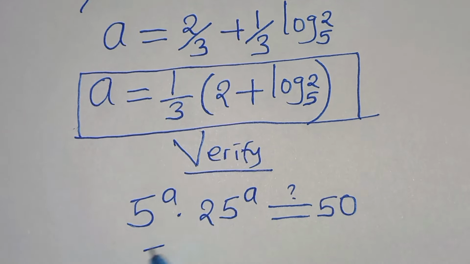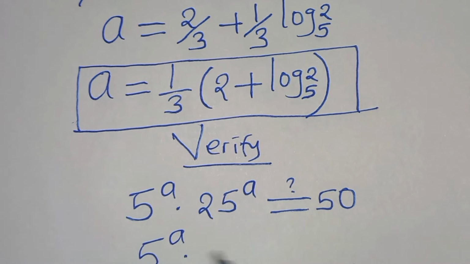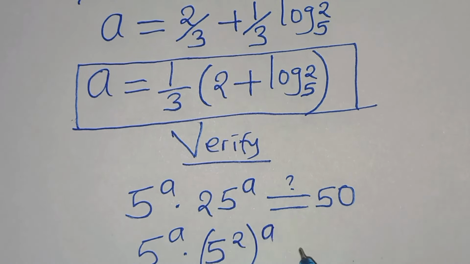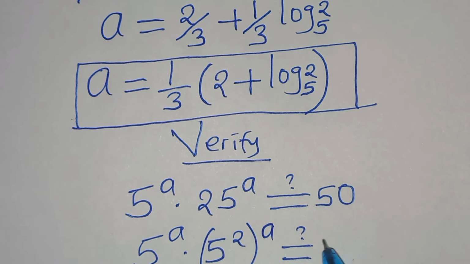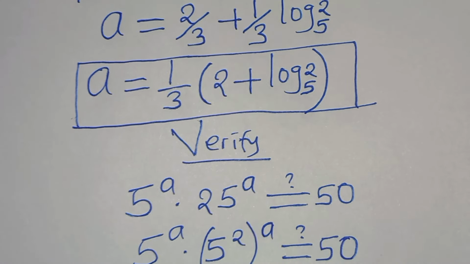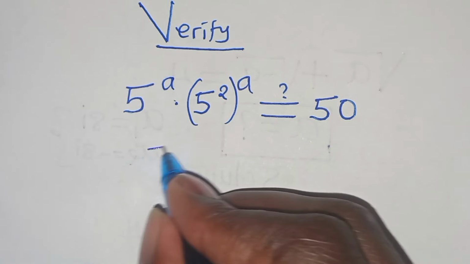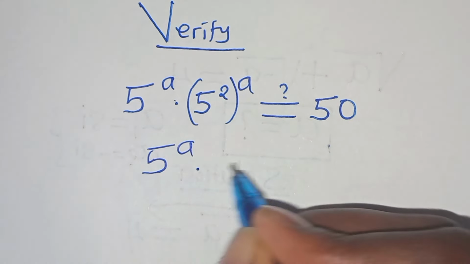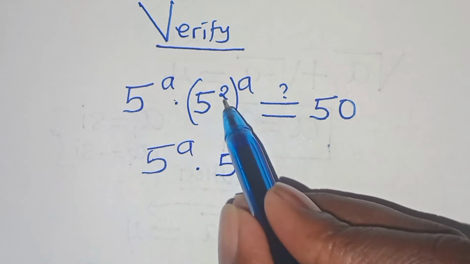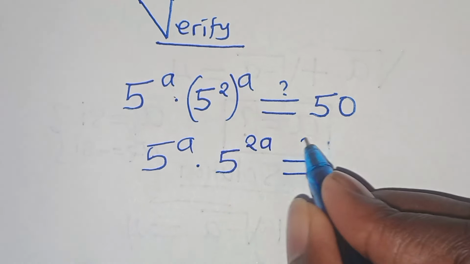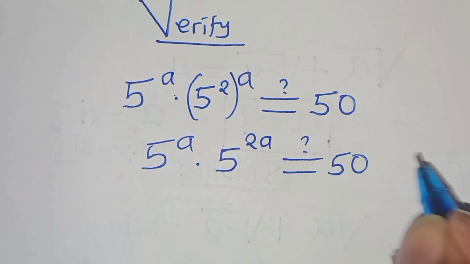So this is 5 to the power of a times 25, which is 5 to the power of 2, raised to the power of a. Now this is 5 to the power of a times 5 to the power of 2a.